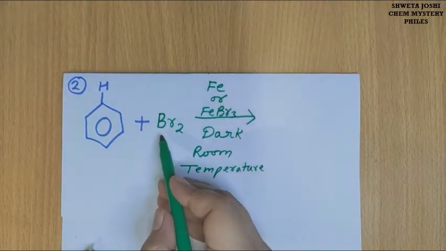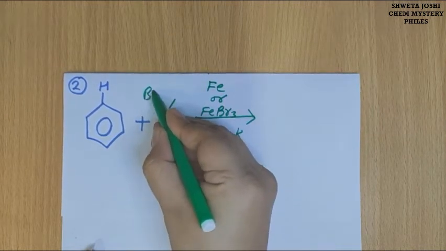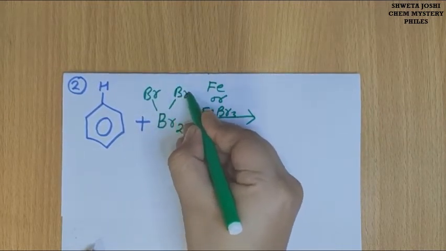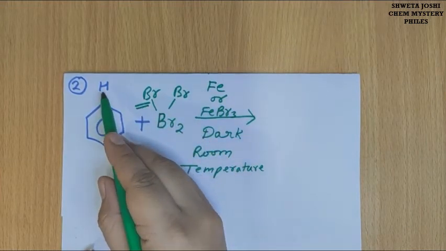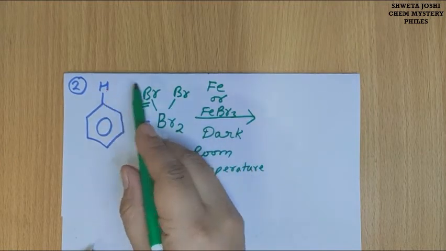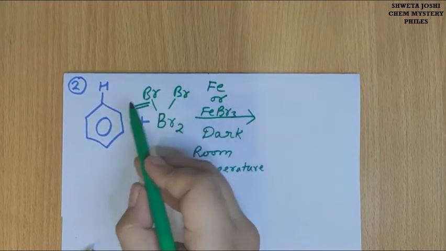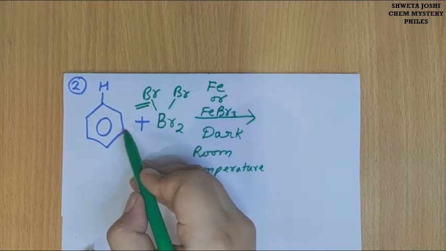Again, you have two Br atoms. One Br will substitute the hydrogen. The substituted hydrogen will combine with the second Br forming HBr. And this aromatic ring will combine with this Br forming bromobenzene.